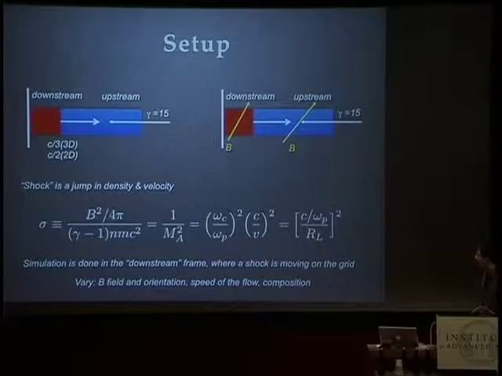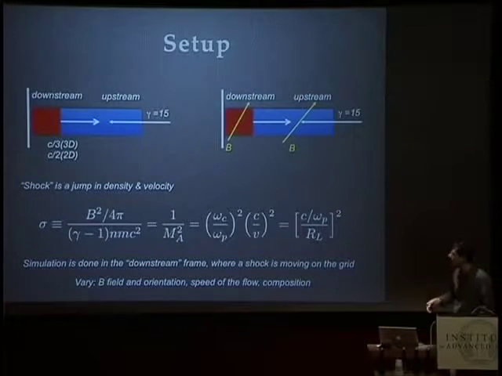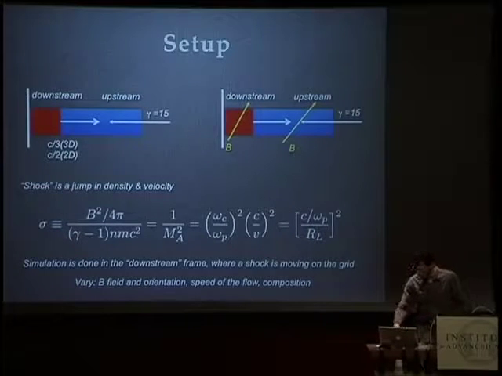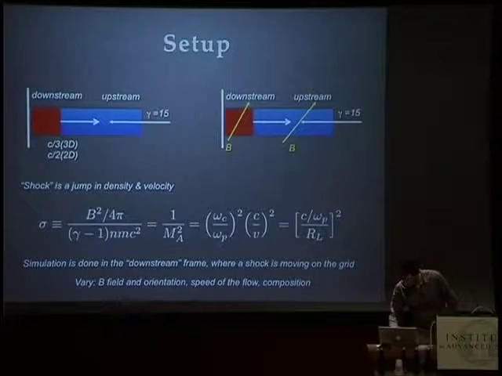And it turns out that depending on how big is this magnetization, you can switch between two types of shocks. Shocks that are mediated by magnetic reflection and shocks that are mediated by instabilities or streaming instabilities between plasmas.